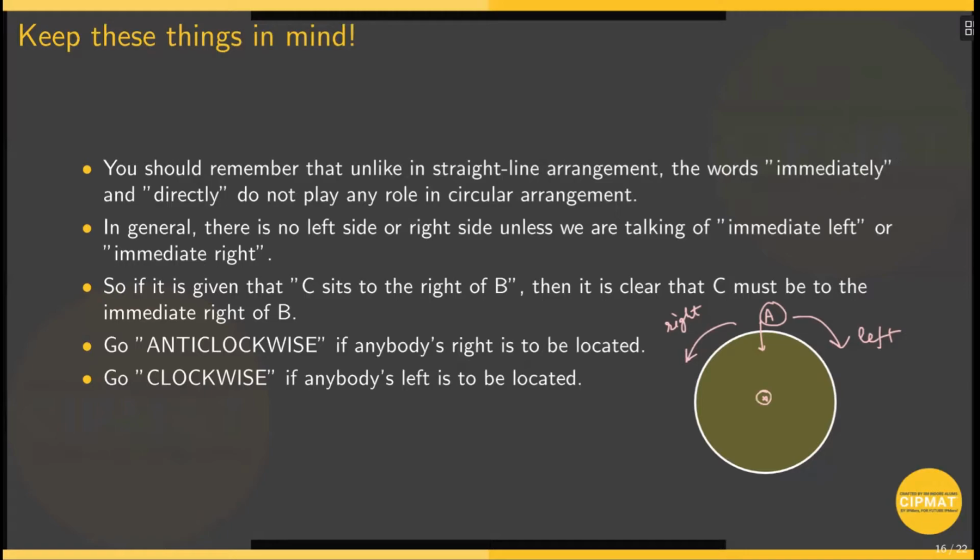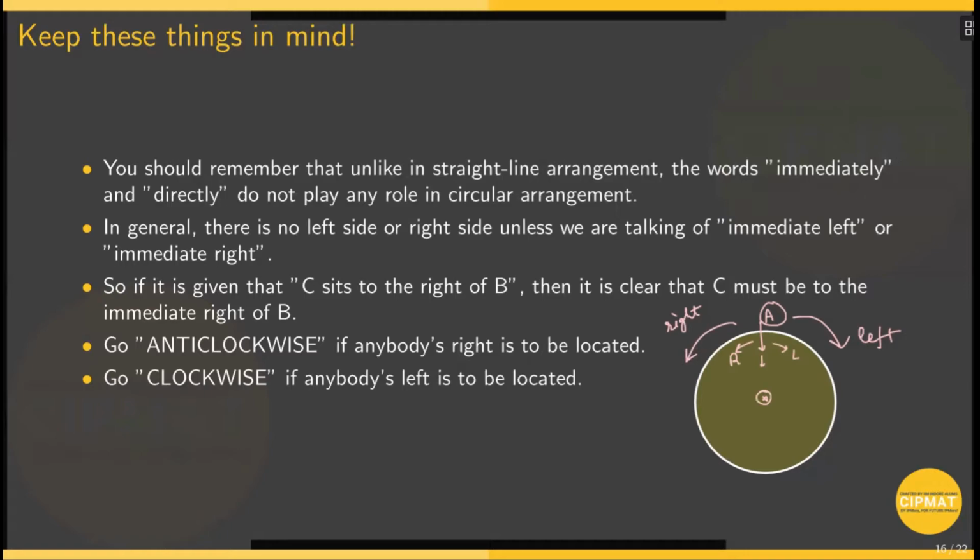This means you are facing the center of the table, so your right side should be this and your left side should be, of course, this. You can think of it in that way as well to avoid any confusion.